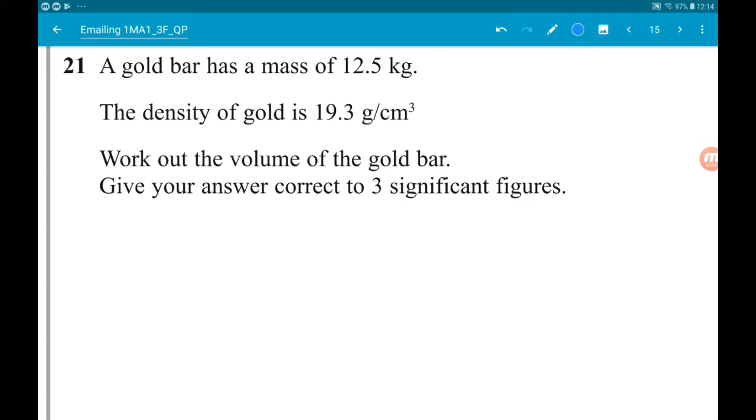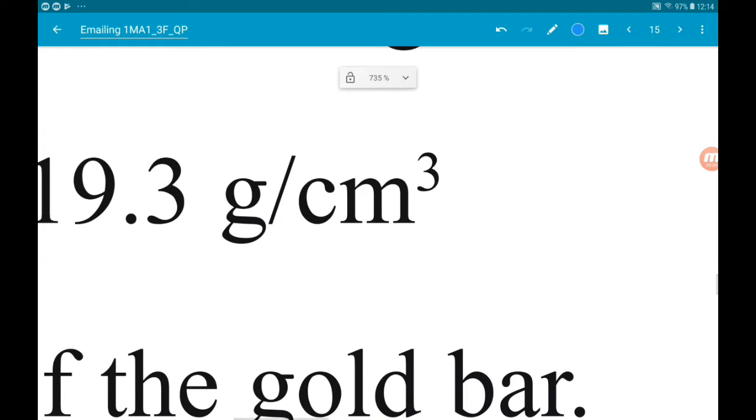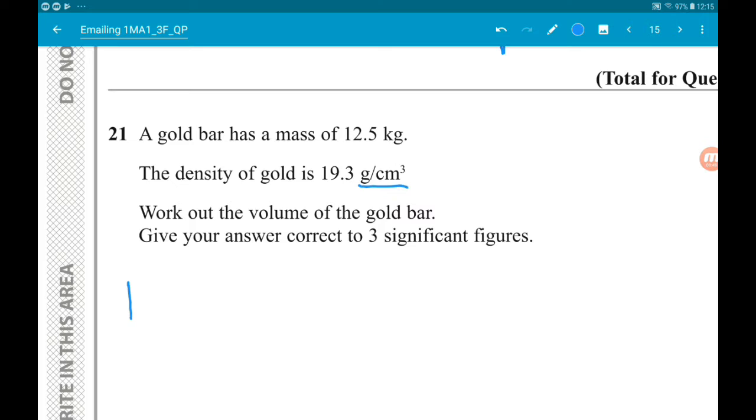Okay, so if you don't know the formula for density, it is given to you right there. Grams is a measure of mass, centimetre cubed is a measure of volume. So density is equal to mass divided by volume.